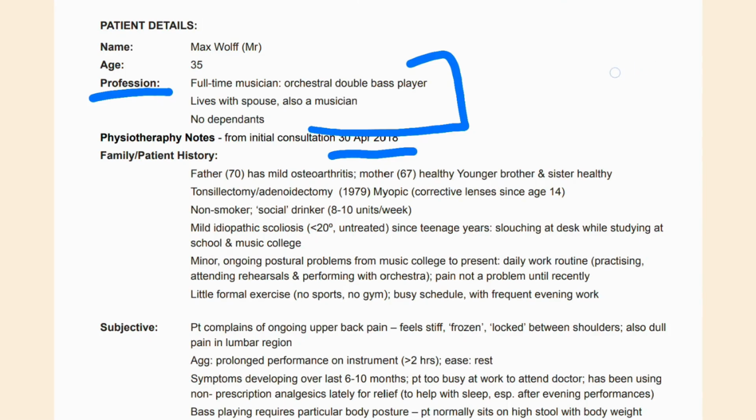And back to the physiotherapy notes from the initial consultation on 30 April 2018. So at the initial consultation, the patient came to the clinic on 30th. From the 30th till today, what happened to the patient? All this detail we are writing.